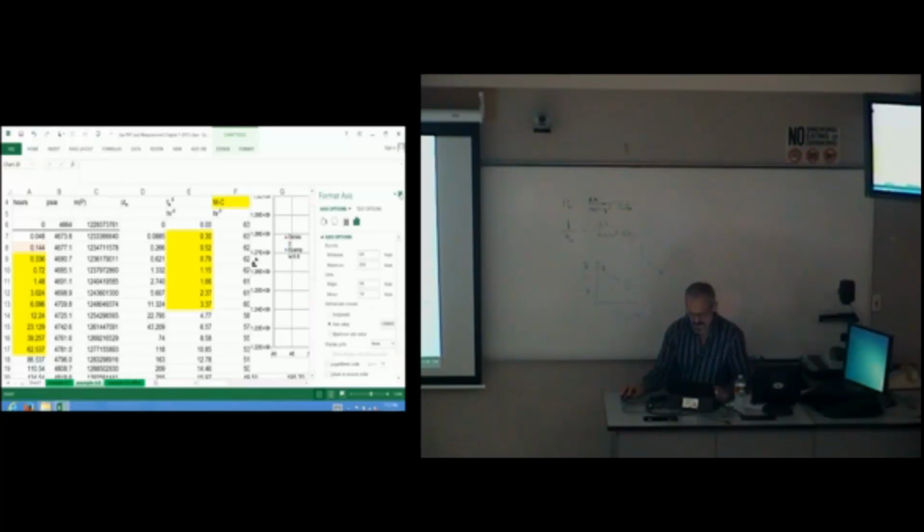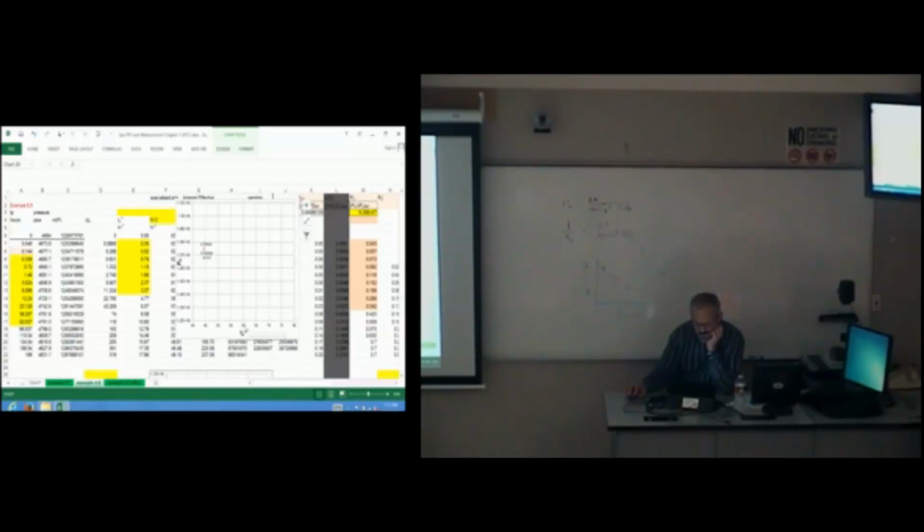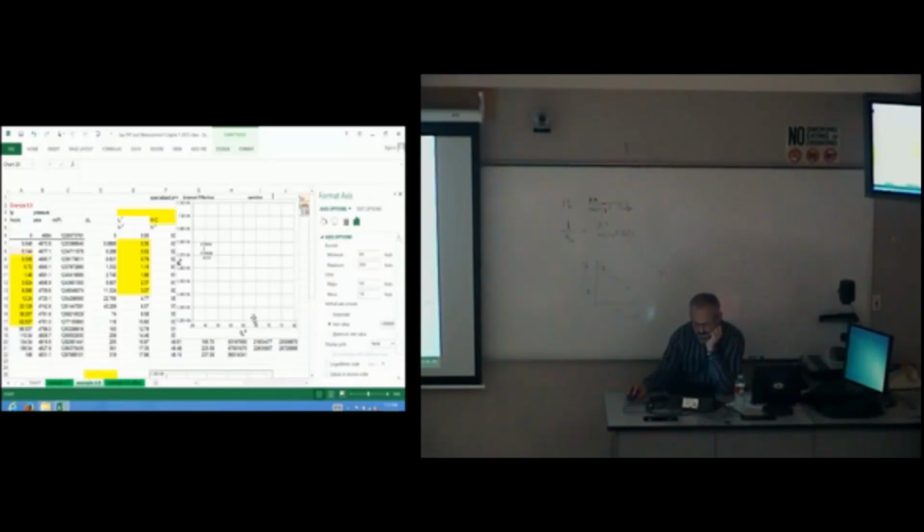How come that's saying it's odd? Something is not working here. See, it's reading 40 to 80, and this thing is saying 0 to 20. Why is that doing that?